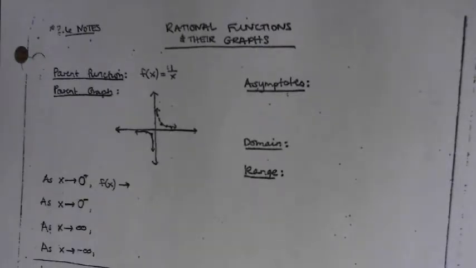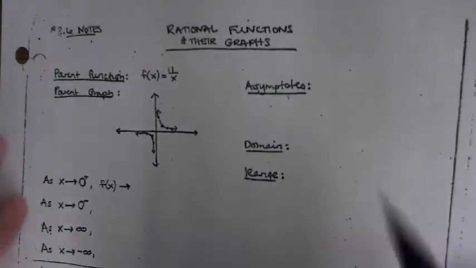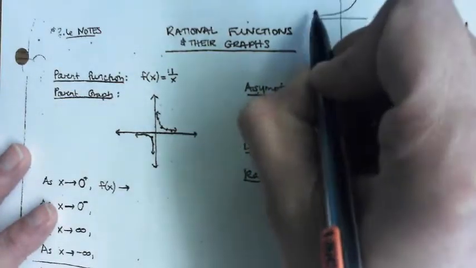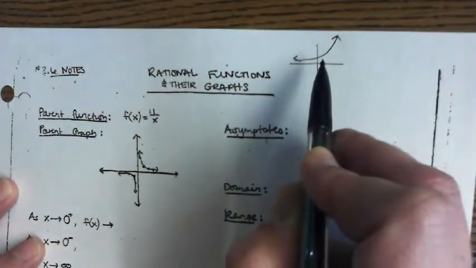So one of the first things we have, that you've had in the past with exponential graphs and log graphs, are asymptotes. But with rational functions, there are both vertical and horizontal. Exponential functions have a horizontal asymptote, right?